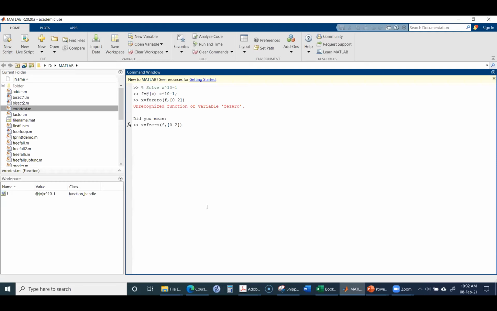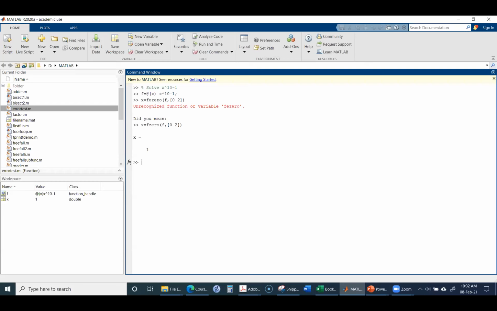I found an error because I put fzero incorrectly, so it suggested that I correct it. There was a spelling mistake. I put enter, and then I got the answer x is equal to 1, which is true.